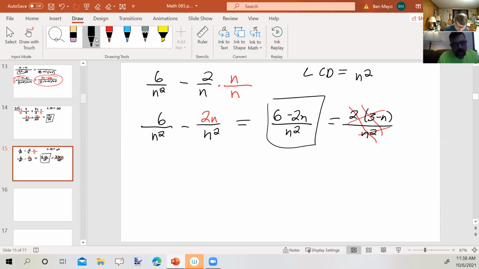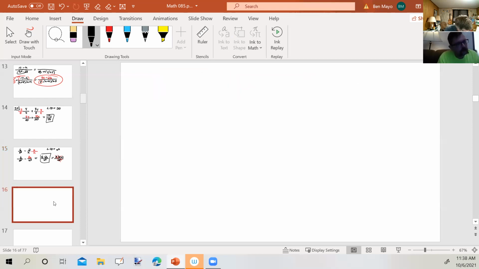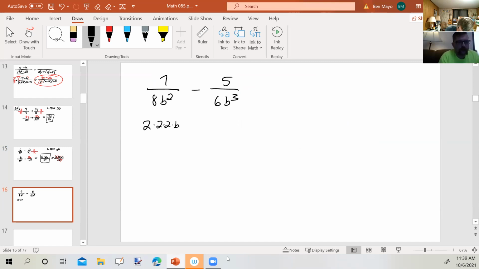All righty. Let's see here. I've got 7 divided by 8b squared minus 5 divided by 6b cubed. 8b squared is 2 times 2 times 2 times b squared, or 2 cubed times b squared. 6b cubed is 2 times 3 times b cubed.